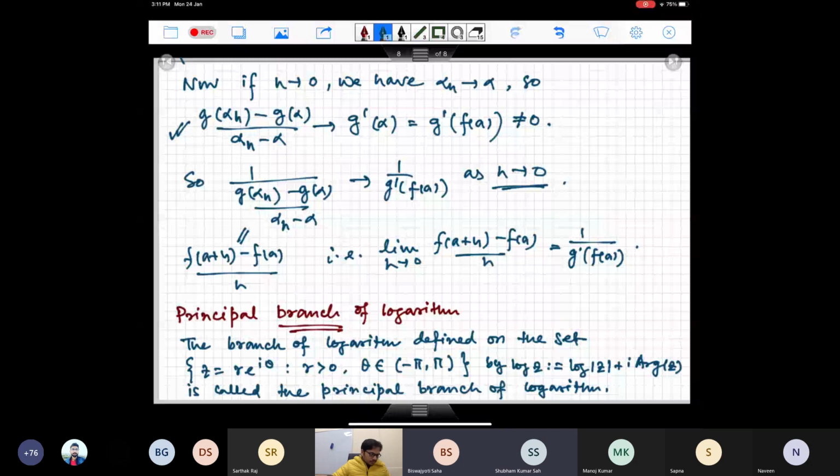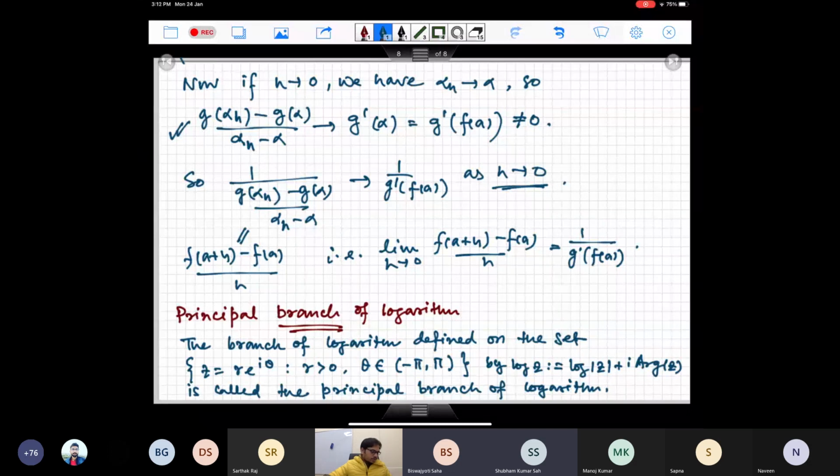The interest in considering this logarithm is twofold. Number one, this uses the principal argument, and this particular logarithm is going to be equal to the logarithm that we already saw on the positive real numbers. So that's the reason one particularly looks at this branch of logarithm.